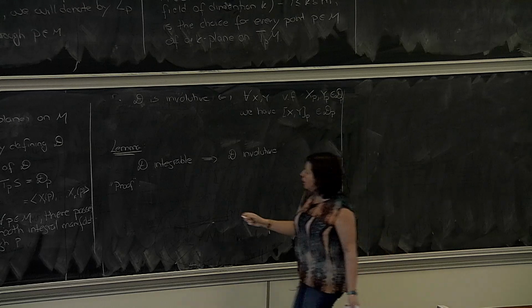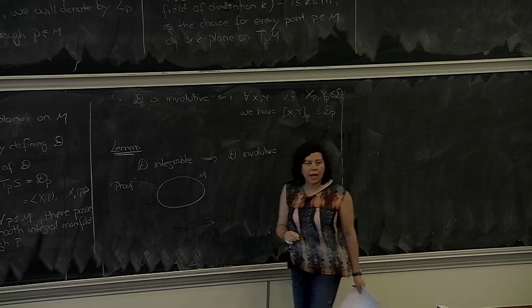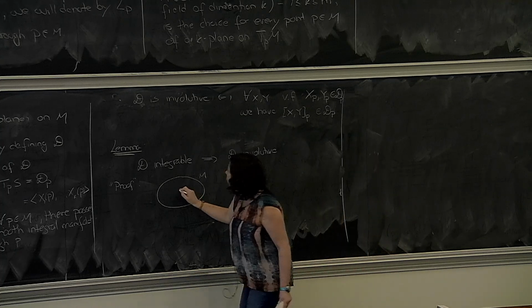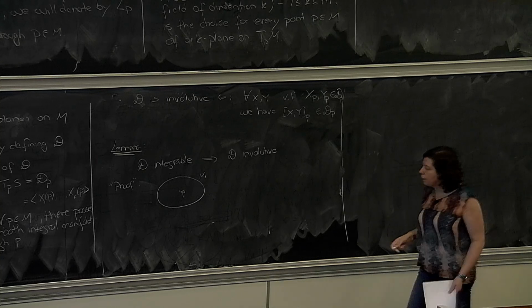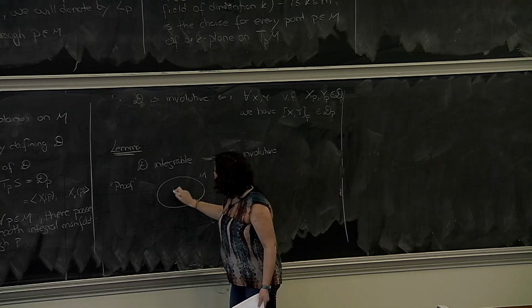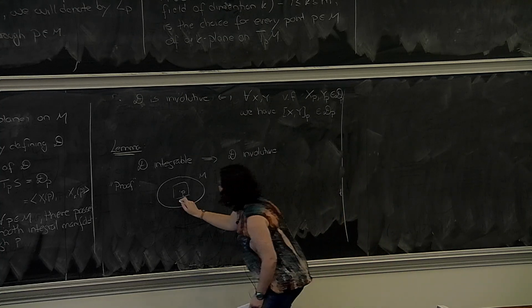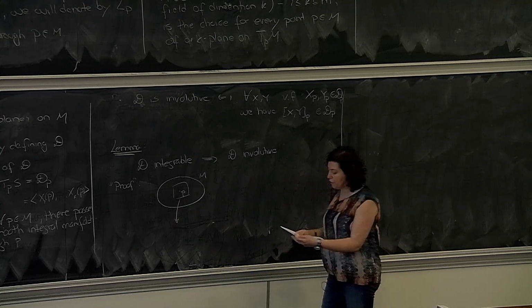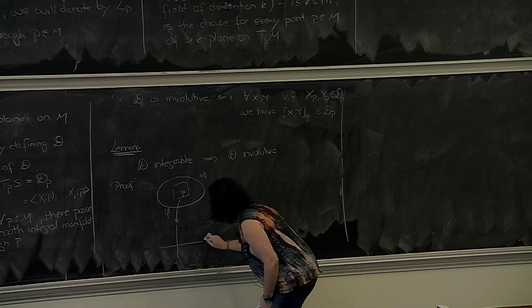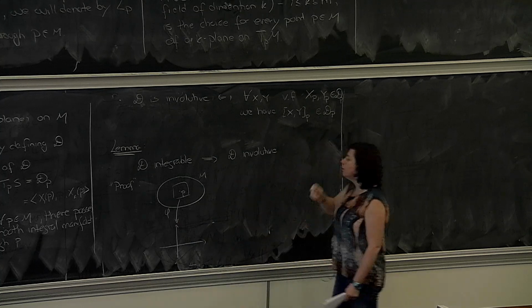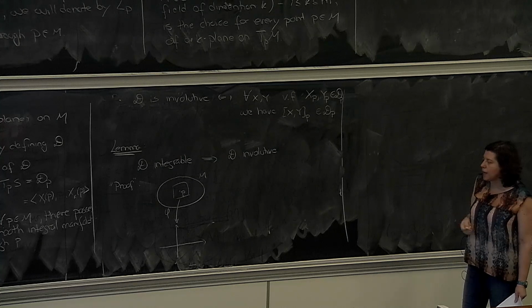So imagine that I have here the manifold M. Let me consider a point P on M, and I can fix here a neighborhood of this point where I have a map phi, taking us to a subset of Rm or Cm.